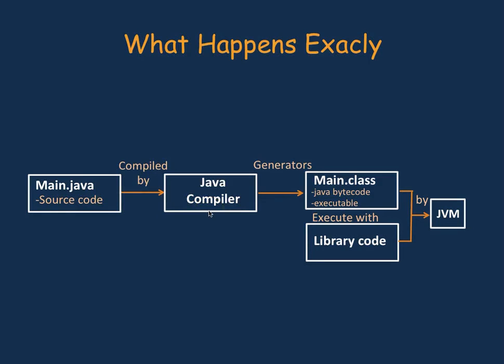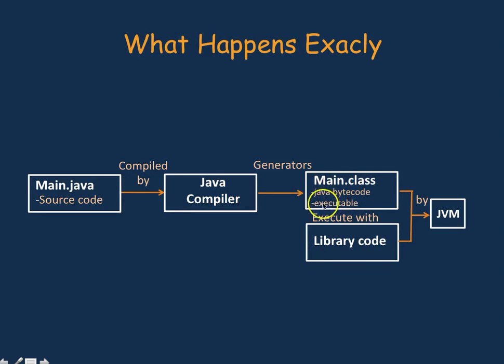After the Java file is compiled, a .class file will be generated. In this case, it will be called main.class, which has the same name as the .java file. So main.java and main.class. The main.class is also called the Java bytecode. It is an executable file.